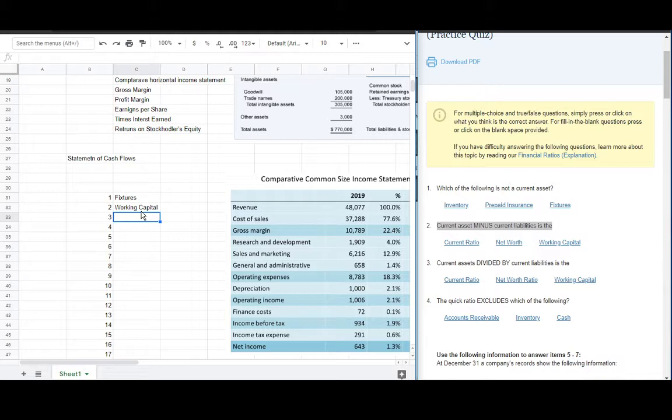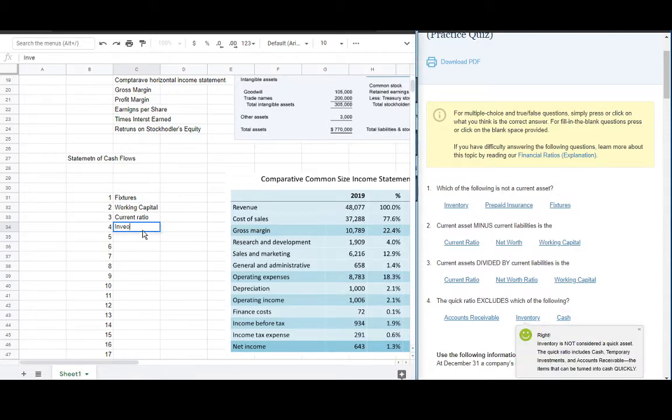So, number 3, current assets divided by the current liabilities is the current ratio. So, here in number 2, the two accounts is finding the difference. However, here we divide it. Okay, current ratio. Number 4, the quick ratio excludes inventory.